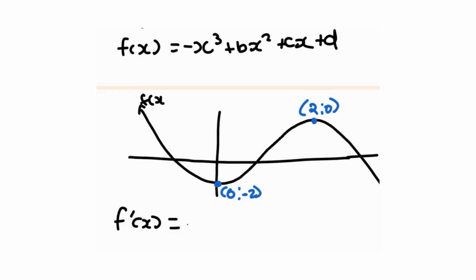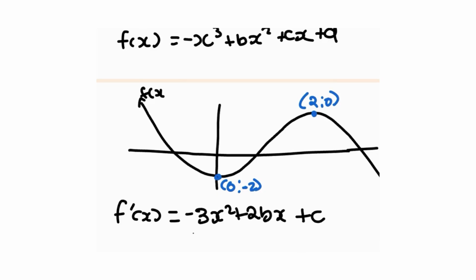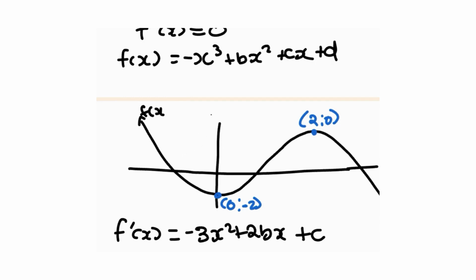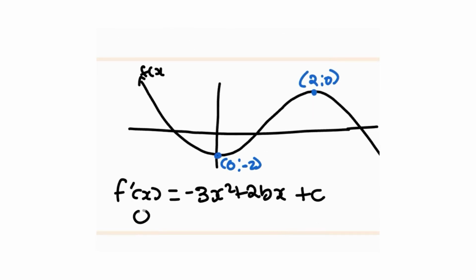First derivative is going to be negative 3x squared plus 2bx plus c, because c, d and b are numbers, so we treat them as constants. So this is my first derivative, and I would equate the first derivative to 0. So 0 equals negative 3x squared plus 2bx plus c.